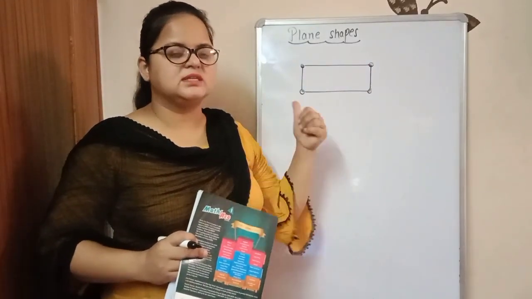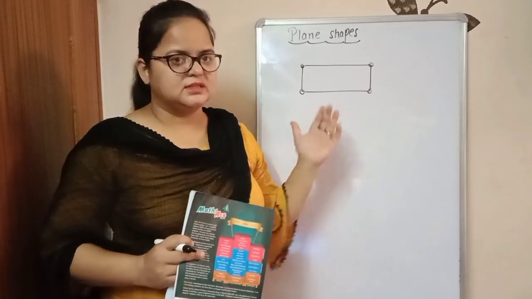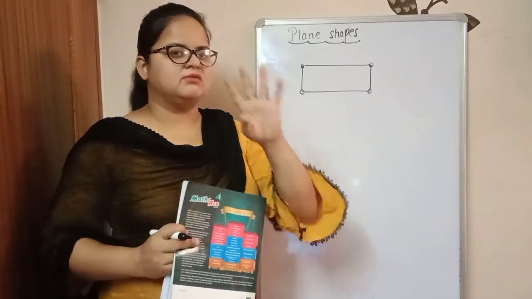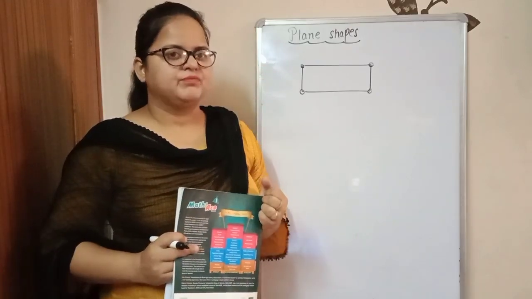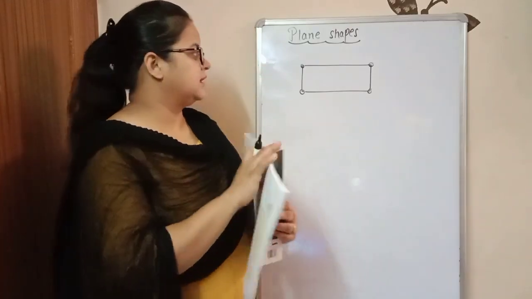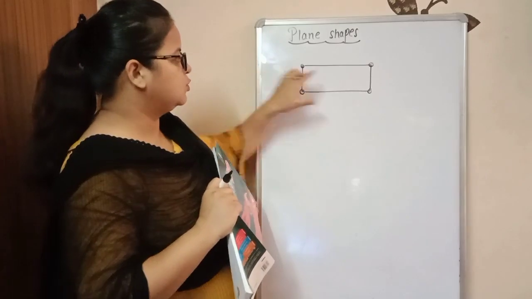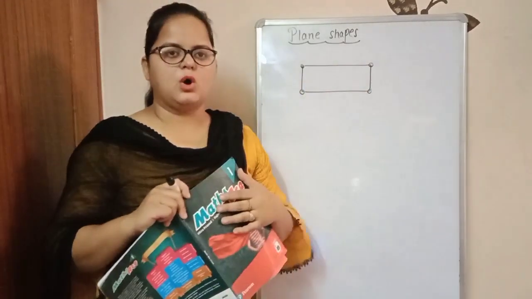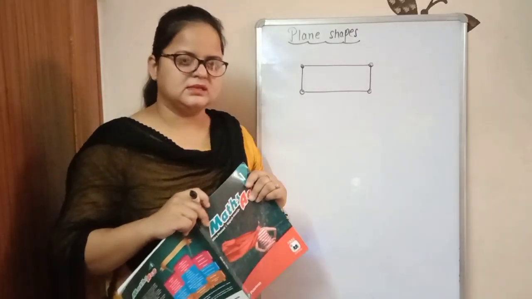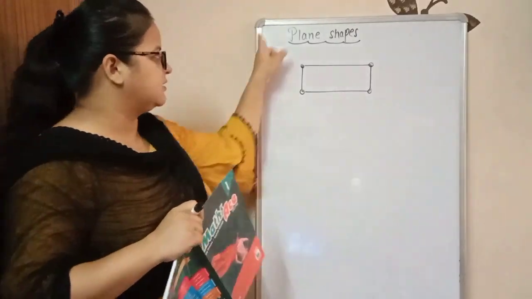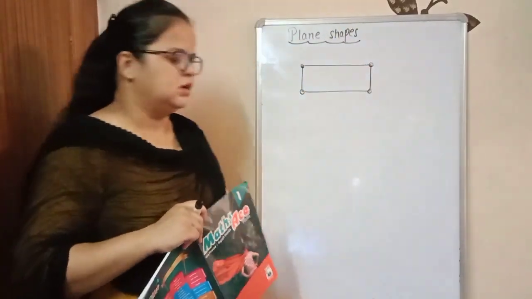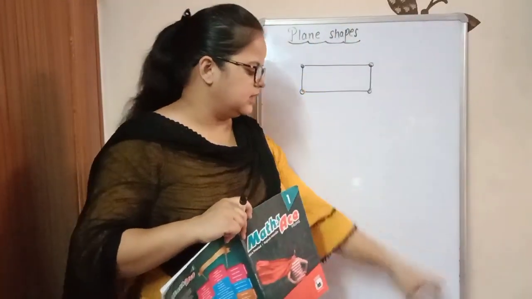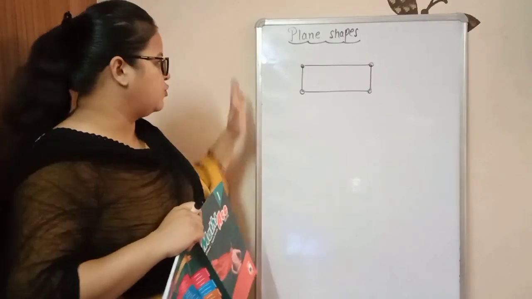But how is it different from a square? ये square से कैसे different है? A square has 4 equal sides. But in a rectangle, 2 sides are short and 2 sides are long. Yes, we see here the whiteboard of ma'am is also in the shape of a rectangle. It has 4 corners and 4 sides.